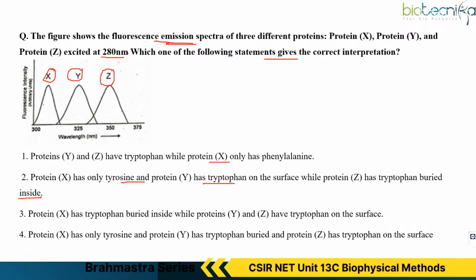So keep that point in mind. Third, protein X has tryptophan buried inside, while protein Y and Z have tryptophan on the surface. And fourth, protein X has only tyrosine and Y has tryptophan buried, and protein Z has tryptophan on the surface. So quickly give me the answer for this question.